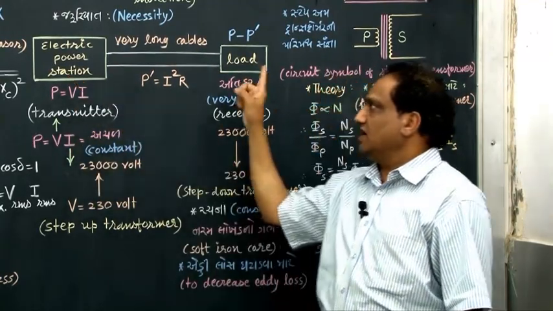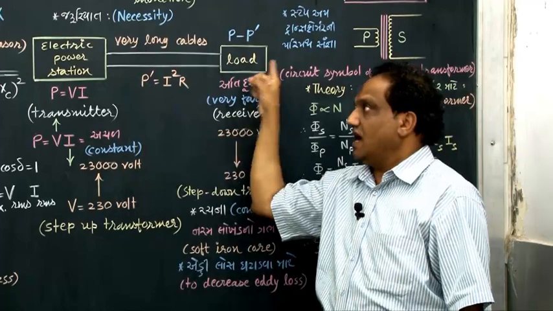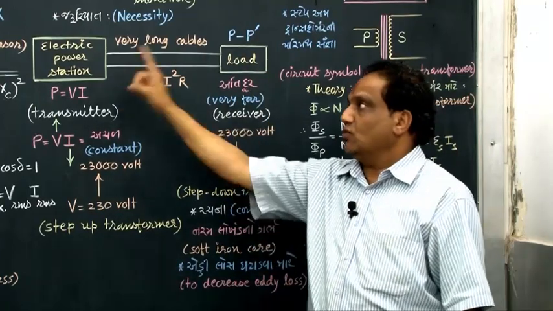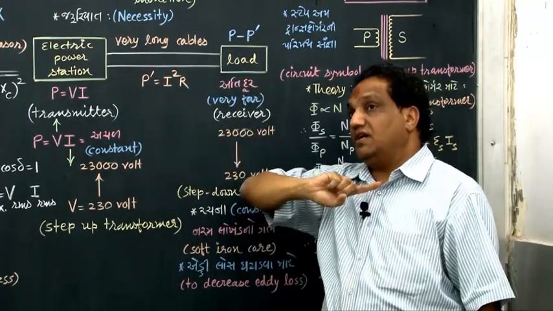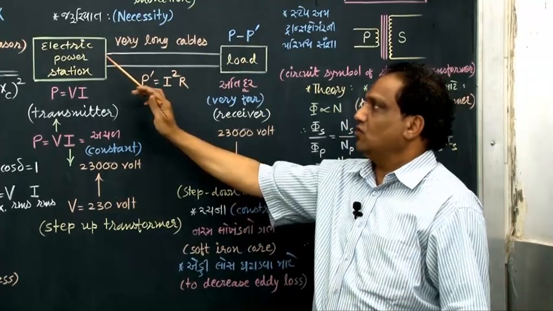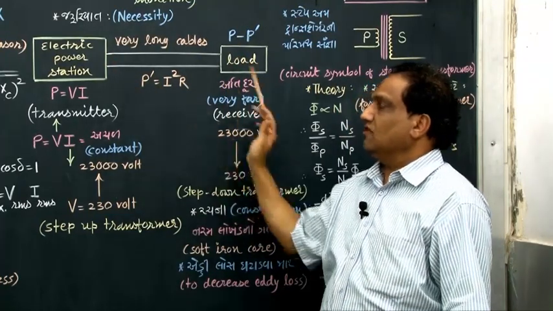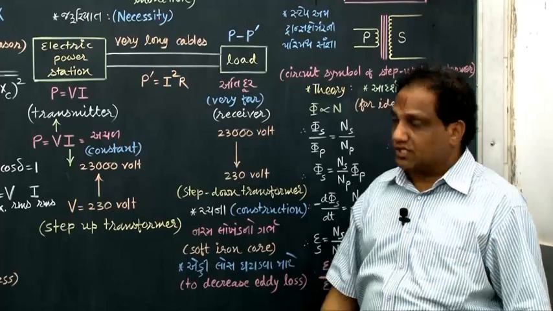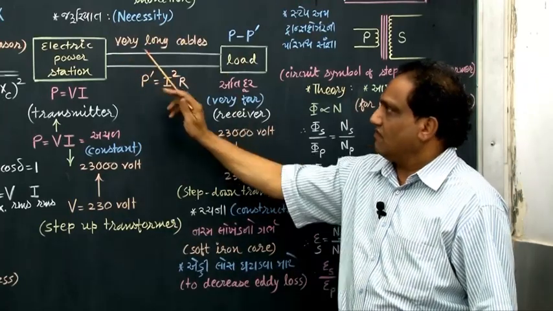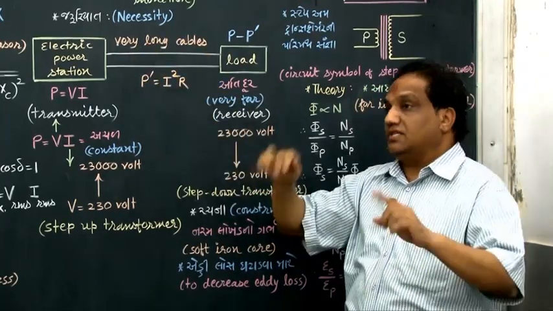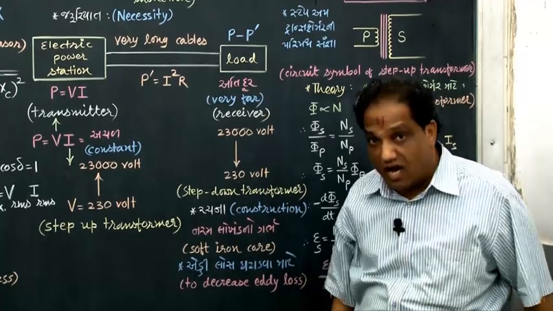Between transmitter and receiver, if the distance is very large, then in order to deliver that power at a very distant place, we have to install very long cables. Because these cables are very long, their resistance is also very large.